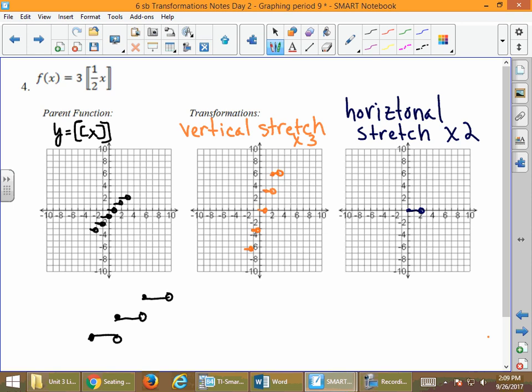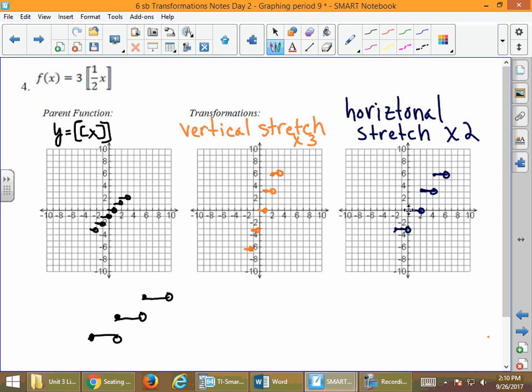So we're going to go up to 3. But now they're going to be 2 spaces long instead of 1. And then we're going to go up to 6. 2 spaces long instead of 1. Again, once you get the pattern, we could draw as many steps in as we want.